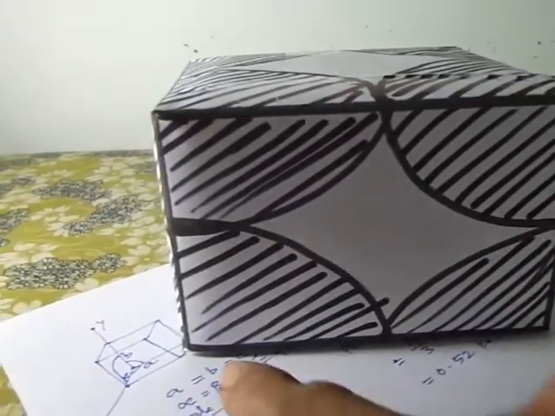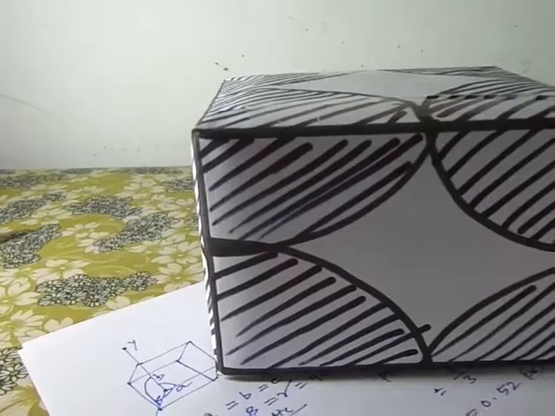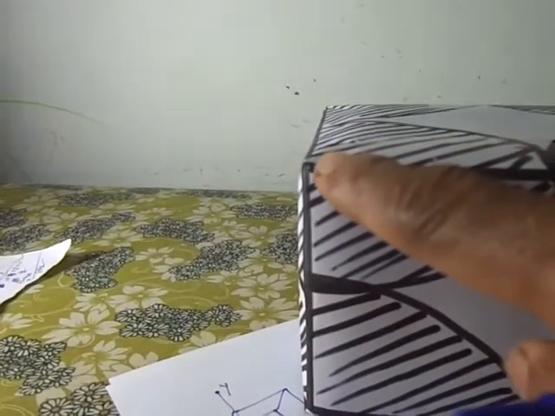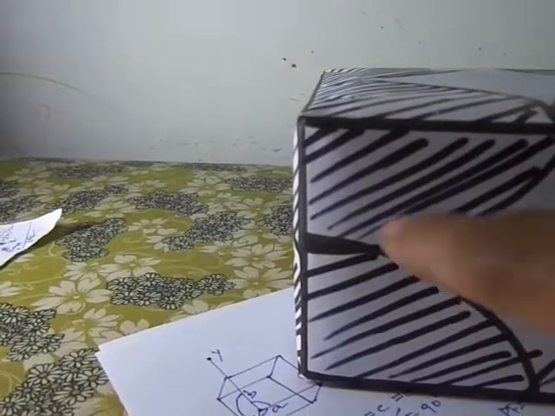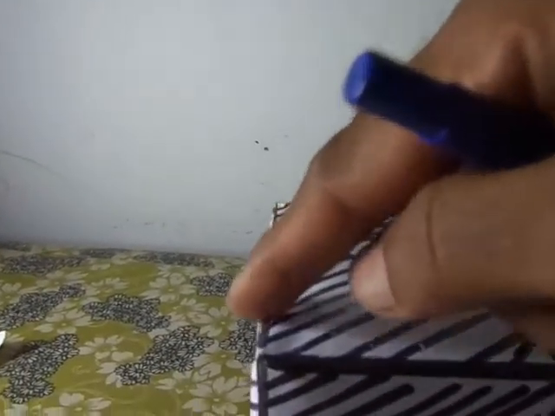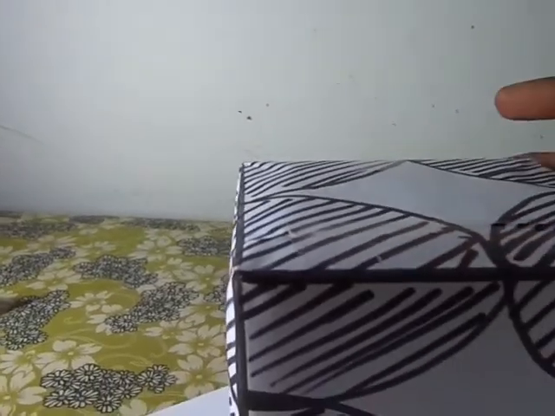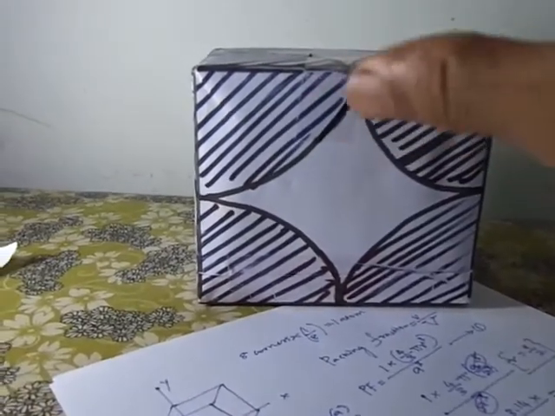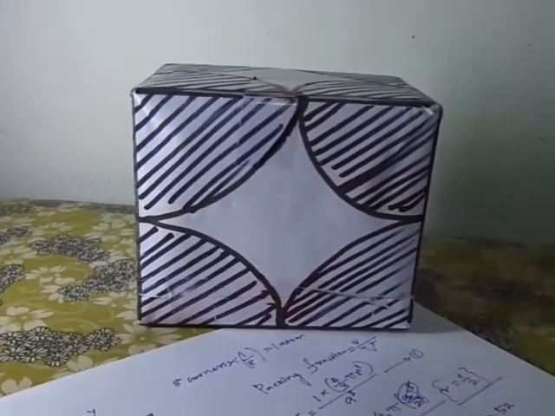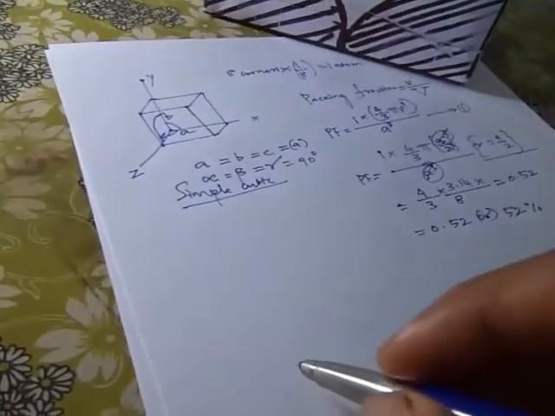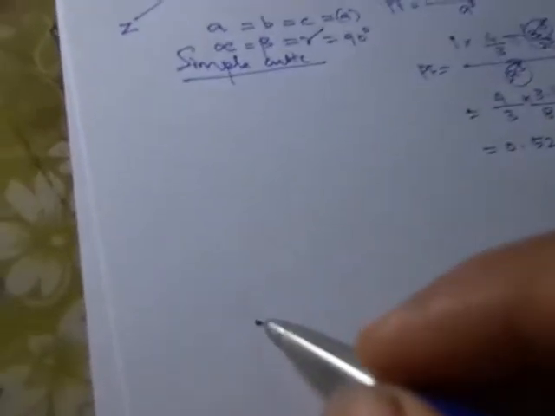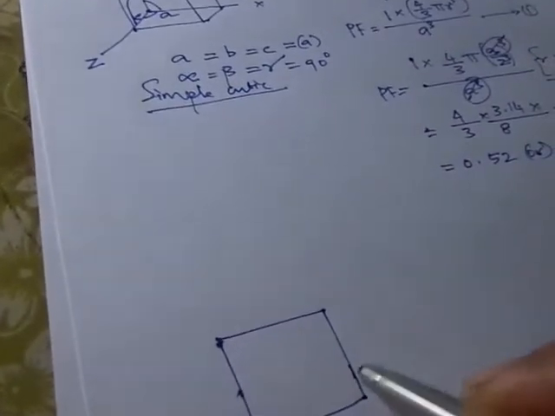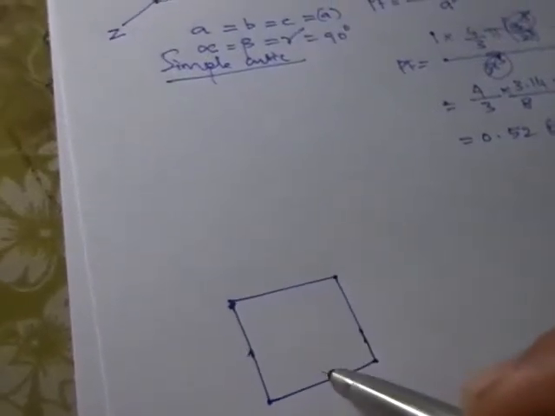Here the lattice constant, this is A, and vertical height is also A, B which is equal to A, and C is also equal to A. Now in this figure I am about to put the model that I am seeing now. See here, I am putting a unit cell, as shown.